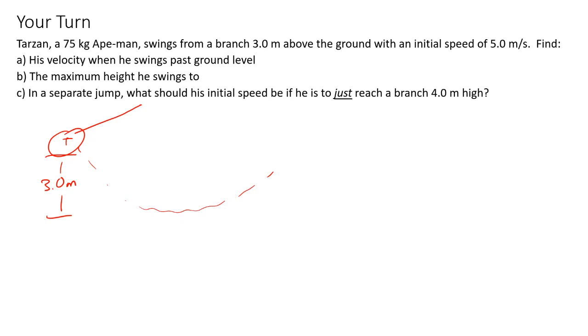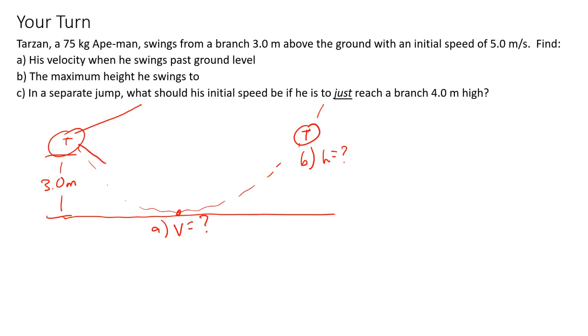Part A is saying, what is his velocity just as he passes by the ground? Part B is saying, how high will Tarzan swing to? So what is his height if he is swinging? And oh yeah, he's swinging, we can't forget that he has an initial velocity, right? So this is 5 meters per second.